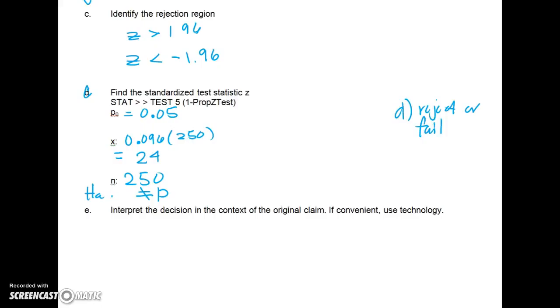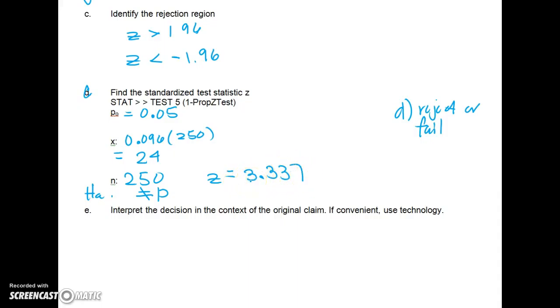Hopefully, if you entered in your numbers correctly, you'll get the same thing as me, which is a screen that tells you that Z, that's the part that you actually care about because you're looking for the test statistic, Z. Z is equal to about 3.37.